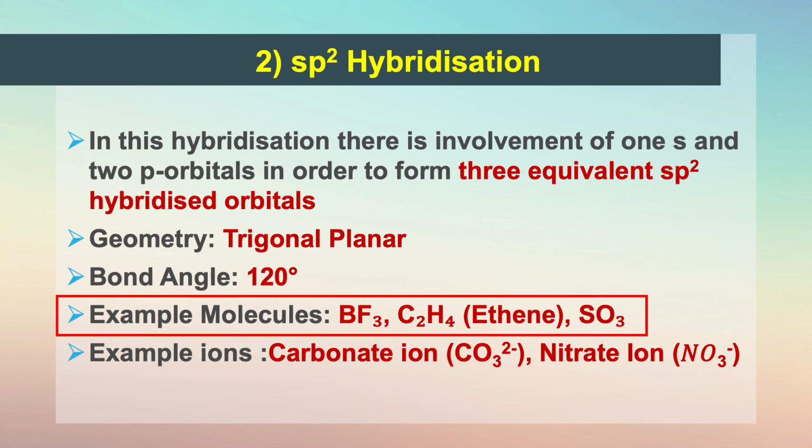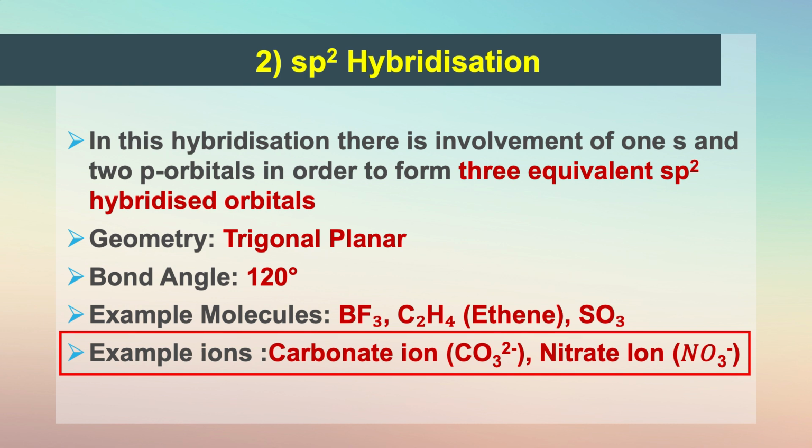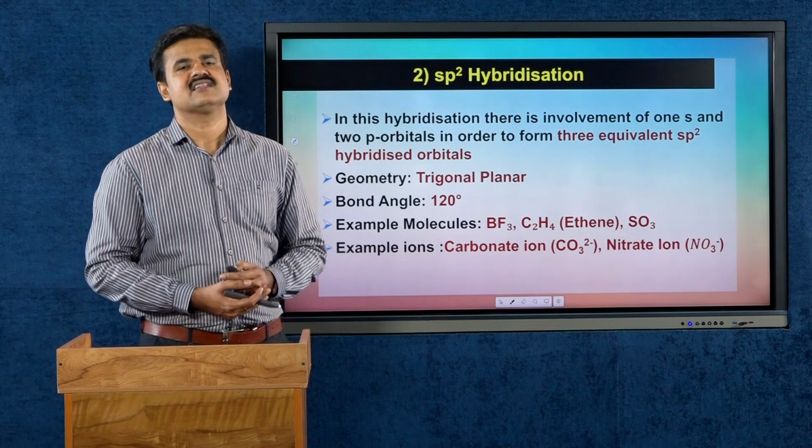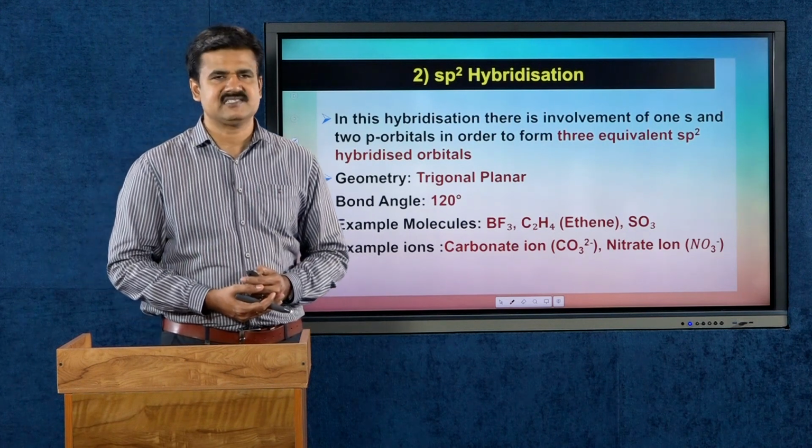Examples of molecules showing sp2 hybridization are BF3, ethene or C2H4, and SO3. Some ions also exhibit sp2 hybridization, including the carbonate ion, CO3 2-, and the nitrate ion, NO3-.